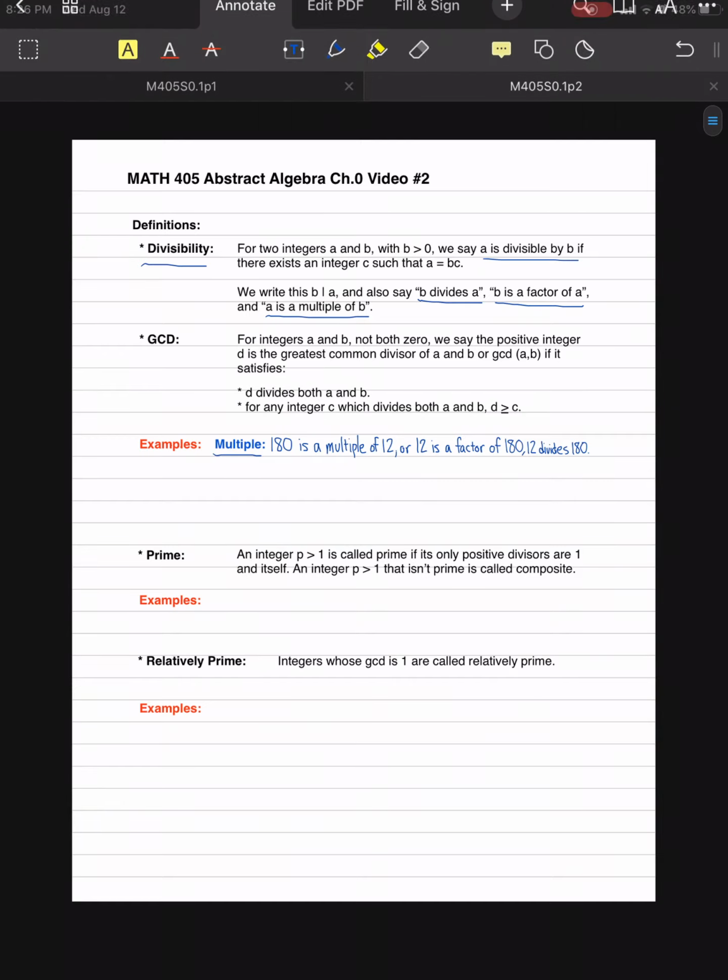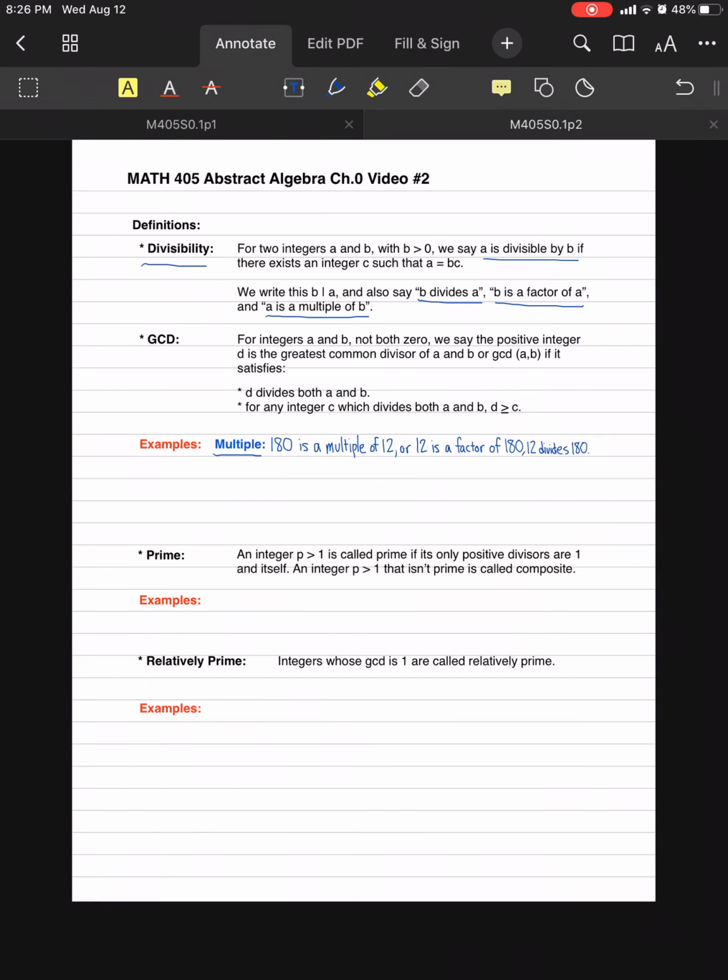Okay, so let's go back in here and see what our definition tells us about this. We say A is divisible by B. In other words, 180 is divisible by 12 if there's some integer C such that that first integer is the second integer times that new integer.